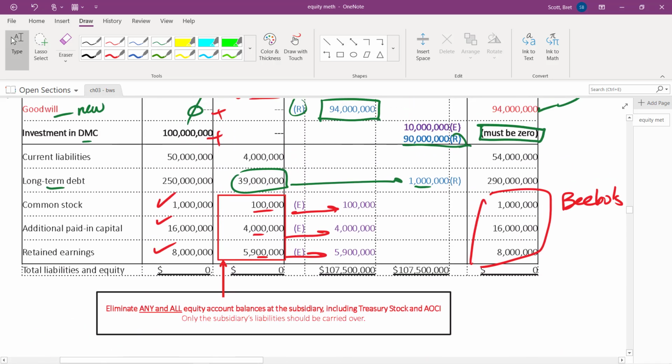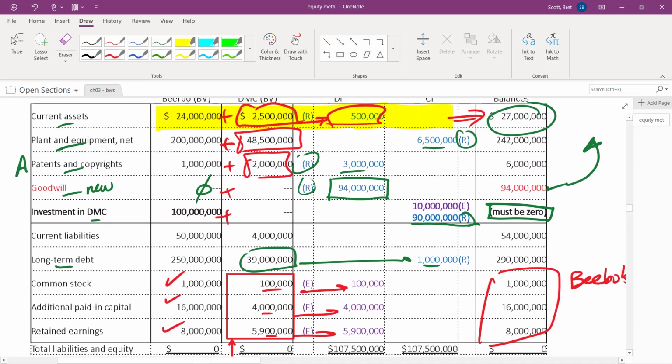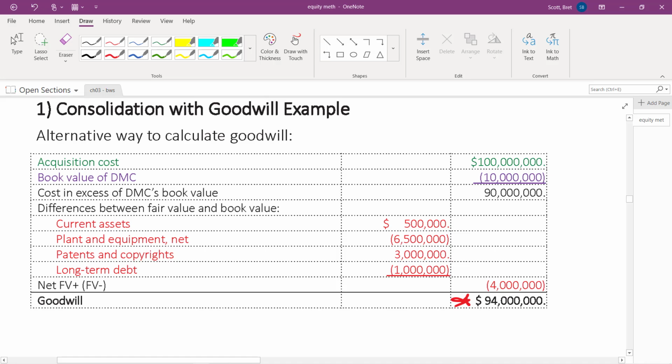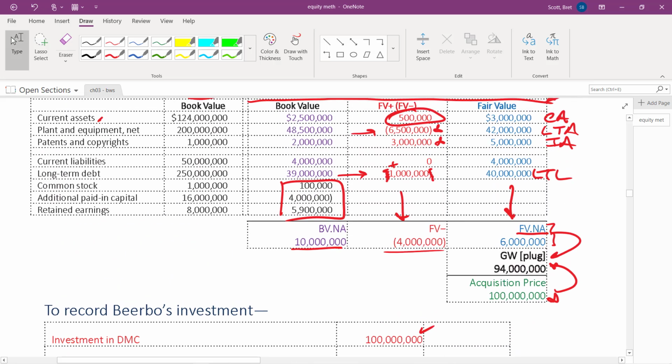So this is a cool worksheet. It helps us figure out how we get rid of this $100 million through all these different valuation changes. Remember that the $100 million is comprised of a bunch of different things. Up above, we said that the $100 million that we are paying is comprised of a huge chunk of goodwill, another chunk of book value, and then fair value adjustments.